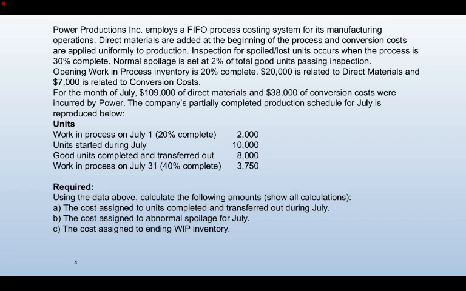A couple other things to notice. Inspection for spoiled units occurs when the process is 30% complete. Okay, so think of the chairs that we're making, and the chair is only 30% done. When I notice that I do my inspection and I realize rats, for this one chair, the hole was drilled in the wrong place.